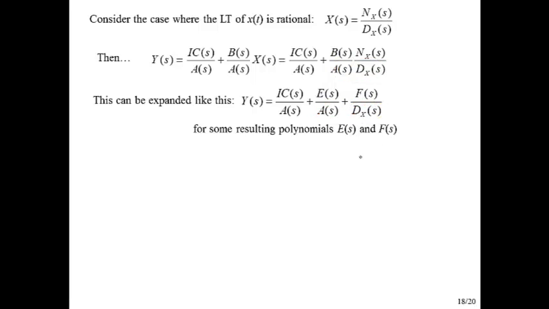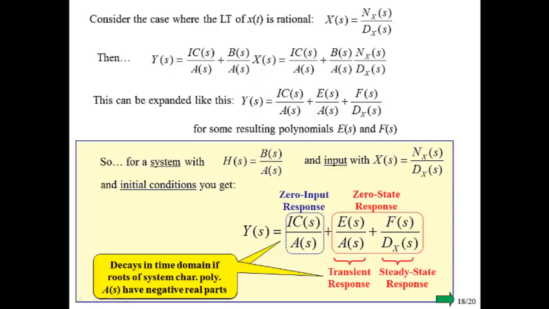And then the important thing is to see that what we end up with are three different terms. One term is the zero input response, due to being driven by the initial conditions. The other part is the zero state response, which is coming from the effect of the input, but that gets broken into two parts.